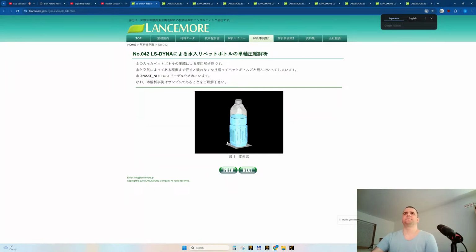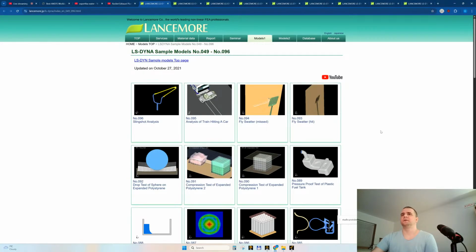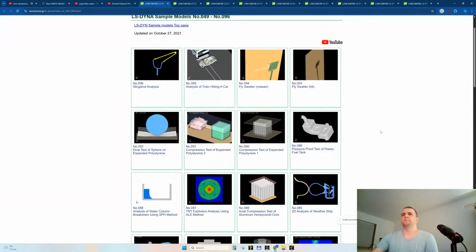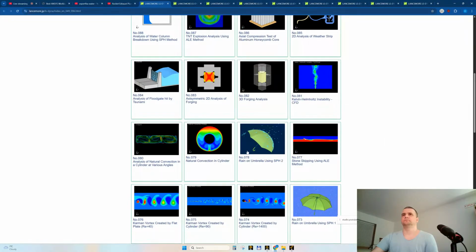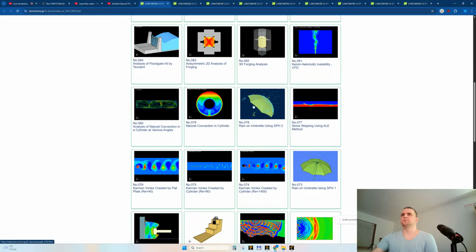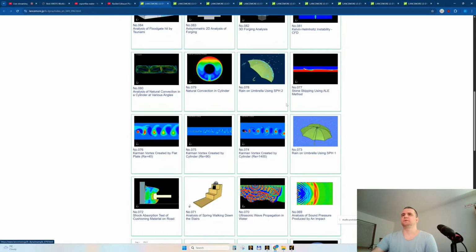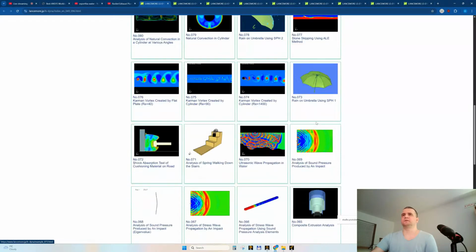It's pretty nice. I need to do something similar in the future. There are also some proofs of concepts. I have done simulations also with water droplets, rain droplets.